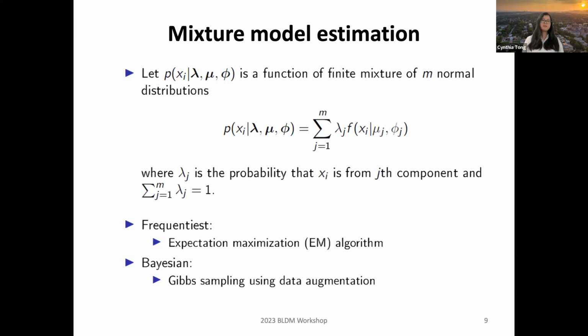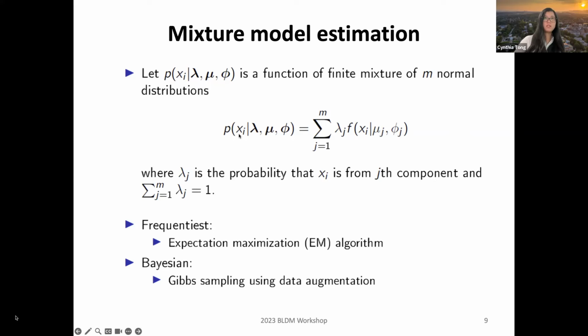When we specify a mixture model, the simplest case is we can just find a mixture of a few normal distributions. So for this model specification and model estimation, I start with a finite mixture of normal distributions. Then the likelihood or the density of the data x_i conditional on the model parameters is a weighted average of the density for each normal distribution.